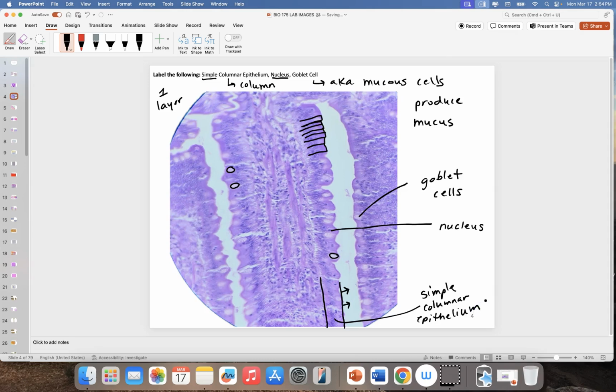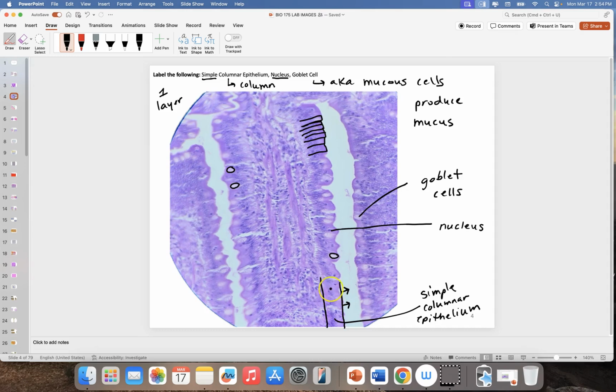And now we are starting to see that we not only have this free surface here, but we also have this surface on the other side that's going to be connected to the connective tissue. We always see our epithelial first, then connective, then muscle, then nervous tissue.